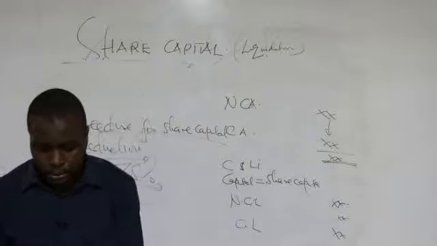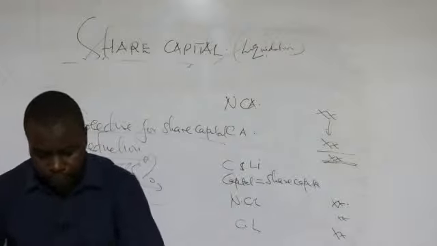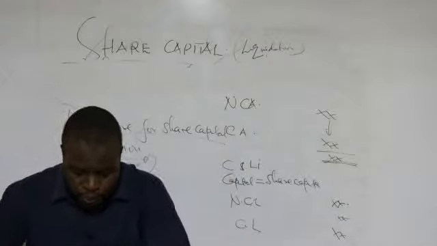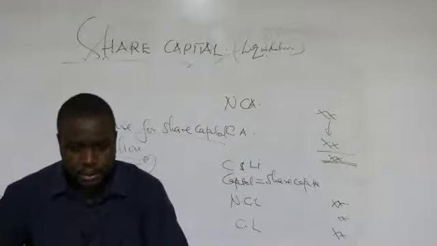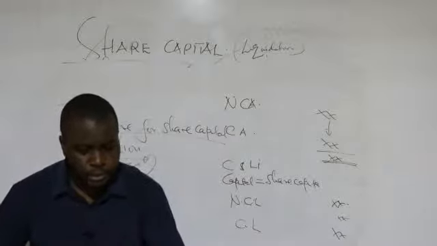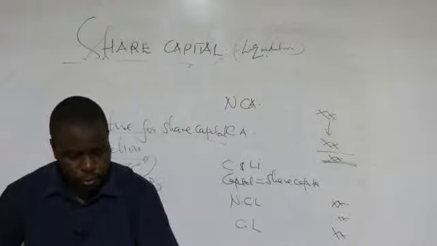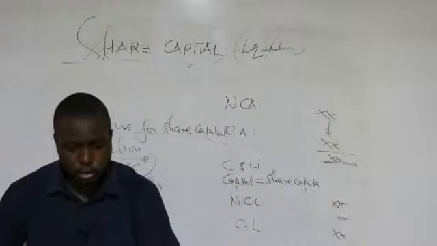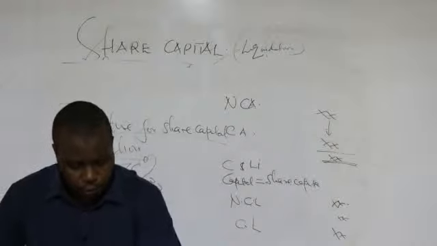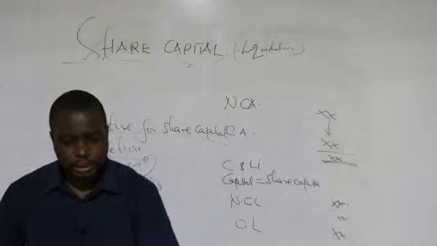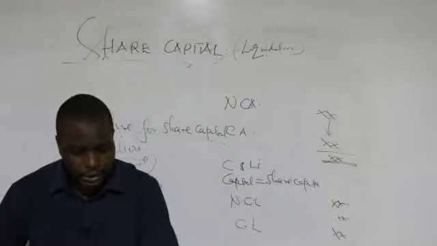So we are saying number one, the company convenes a general meeting. Number two, a special resolution is passed at the meeting. Then that particular special resolution will be used by the company to petition the court to seek an order for share capital reduction. Once the court receives that petition, they enlist all the creditors of the company.